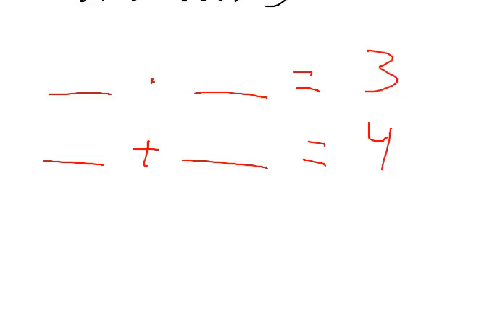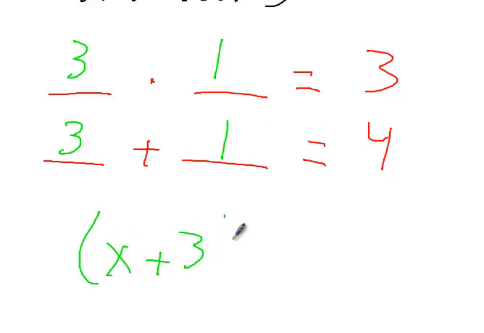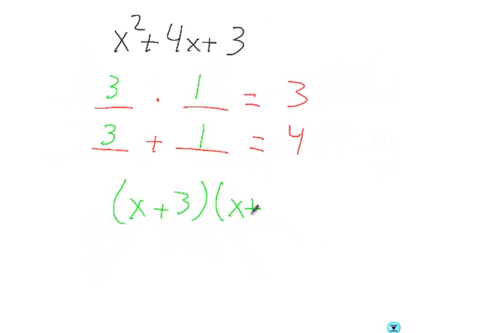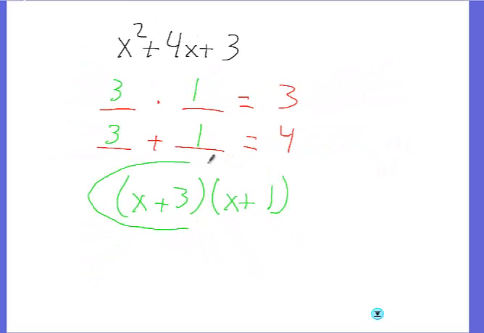Well, luckily the only numbers that multiply to 3 are 3 and 1, and coincidentally 3 plus 1 is going to give us 4. So the answer is x plus 3, x plus 1. Okay, this is the standard form, this is factored form.